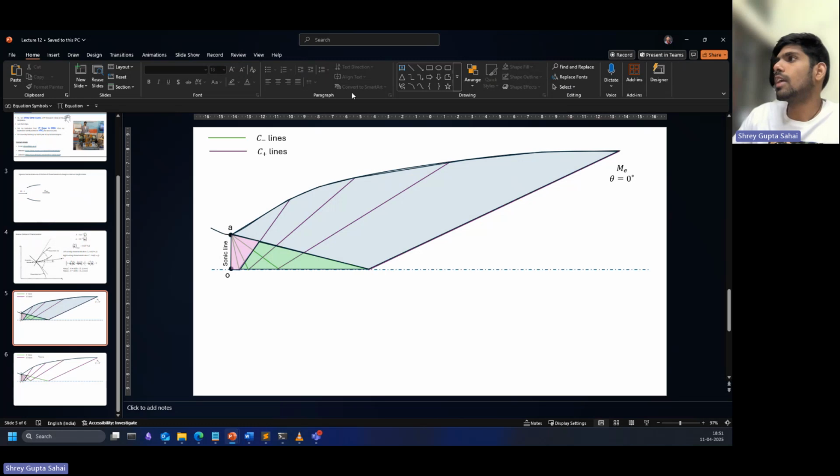suppose I look at this flow, let's say some line. It reaches two C minus lines first, and then before hitting the third C minus line, it hits the first C plus line. Then it goes and expands. So it will depend on how the flow is going to happen, and we'll have to see that.